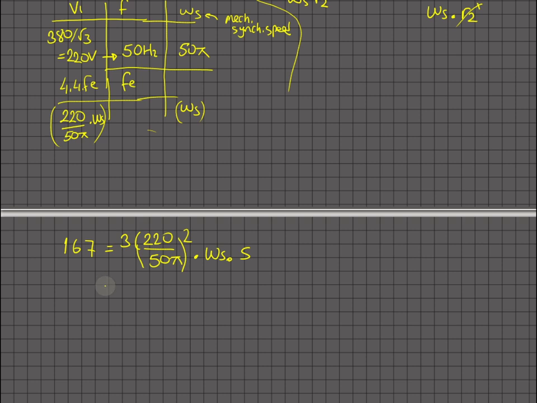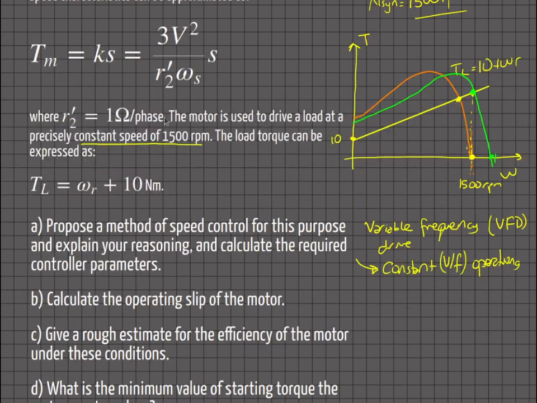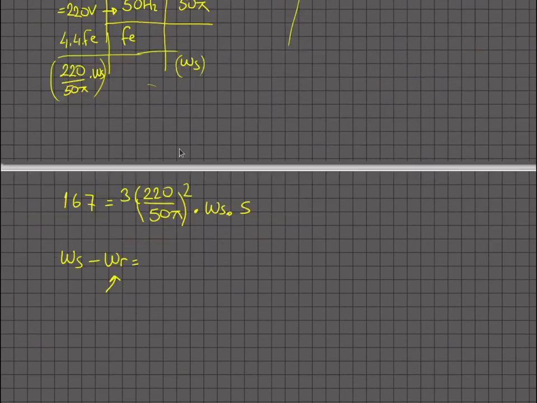So I know omega s, the synchronous speed, minus the rotor speed. This one is rotating at exactly 1500 rpm.